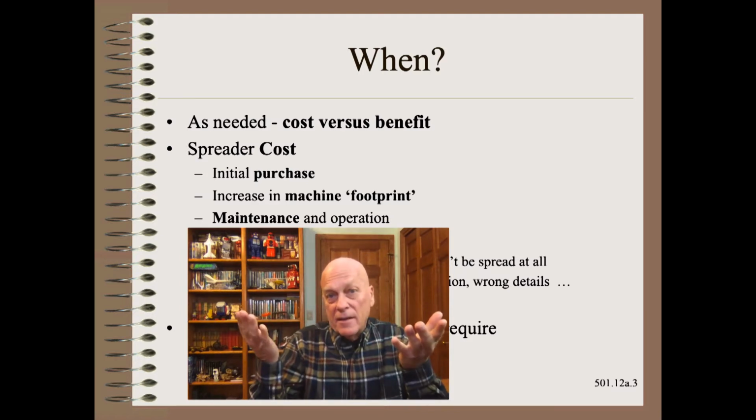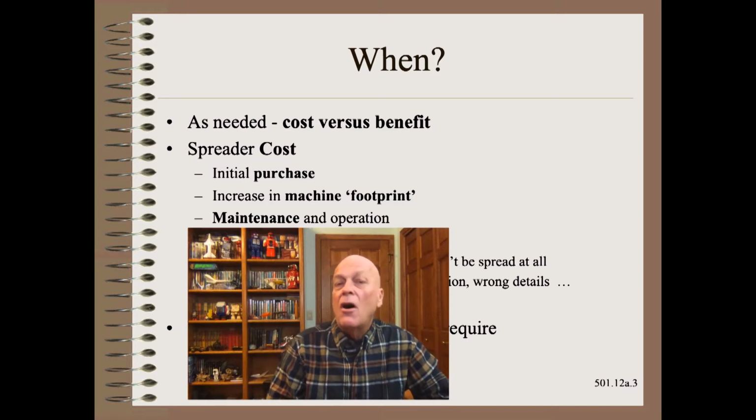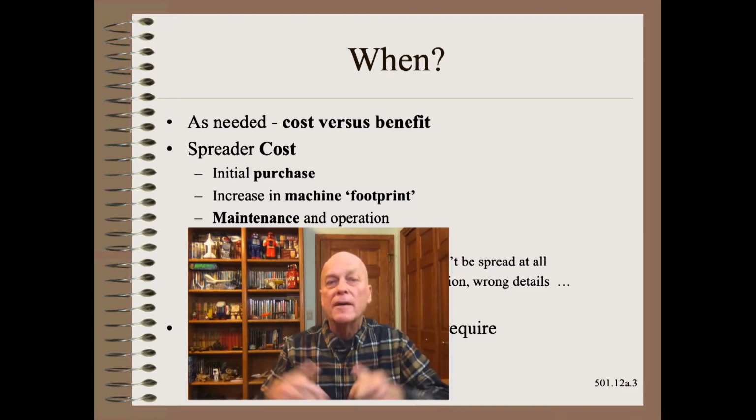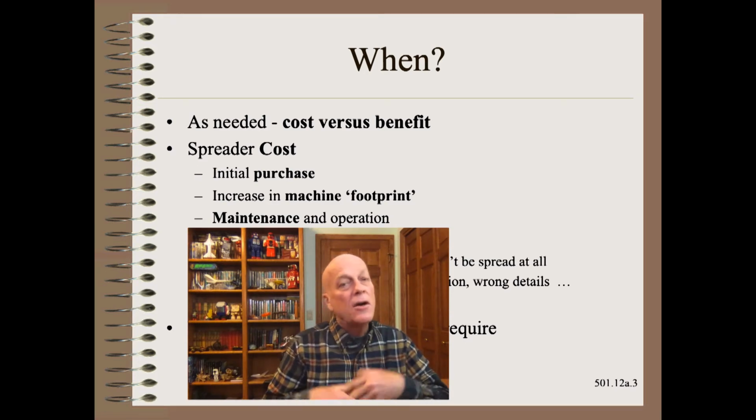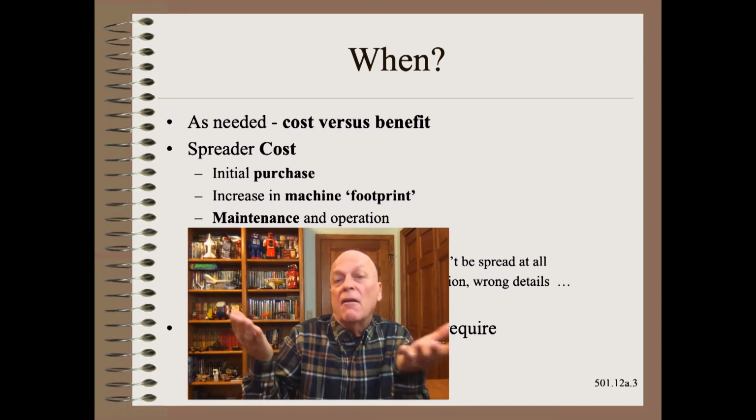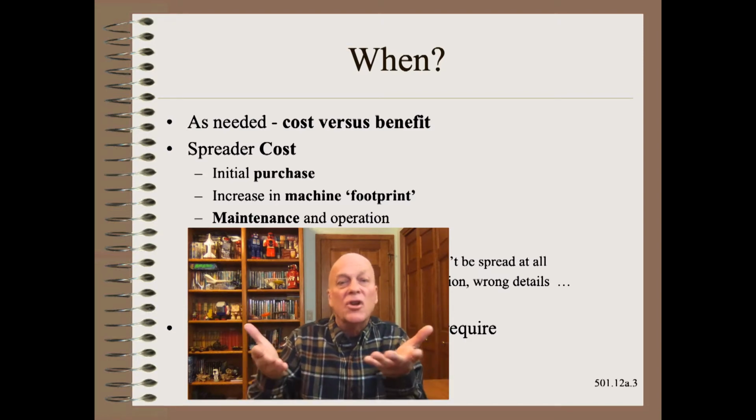The first thing to consider, of course, is the various costs. These costs include, obviously, initial purchase, the nuisance of having a bigger machine footprint, and the long-term maintenance and operation costs of an extra element. These costs would be incurred with any and every element on the line, so there's nothing new here.